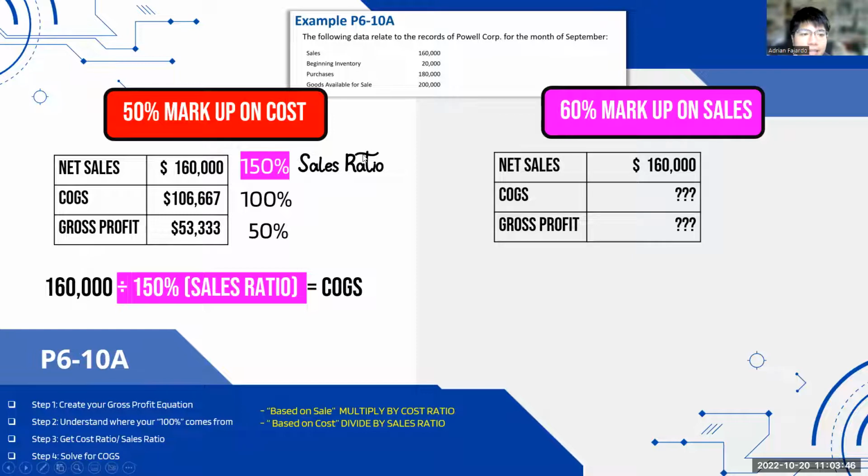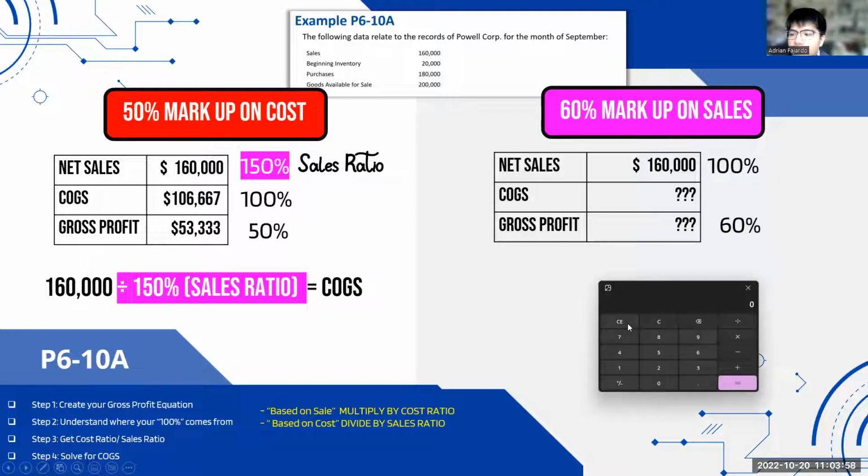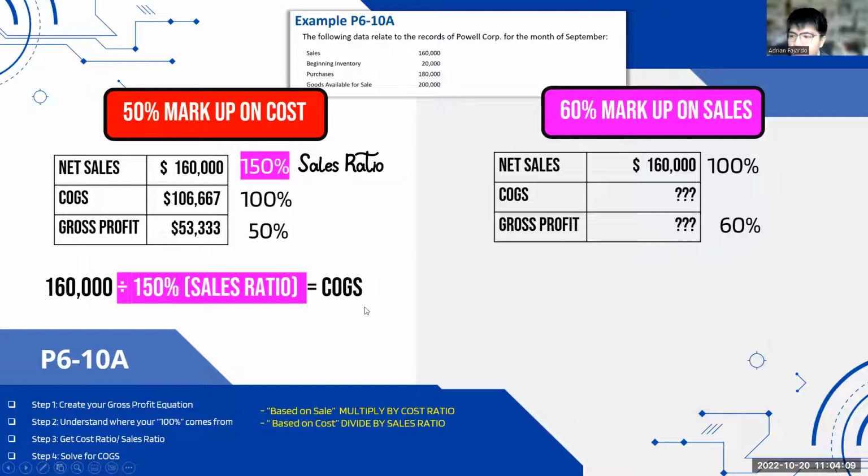Step 2, understand where your 100% is. 60% markup on sales. Meaning, our 100% is sales, right? So from here, you already know that 160 times 0.6, my gross profit is 96,000, without even having to solve.